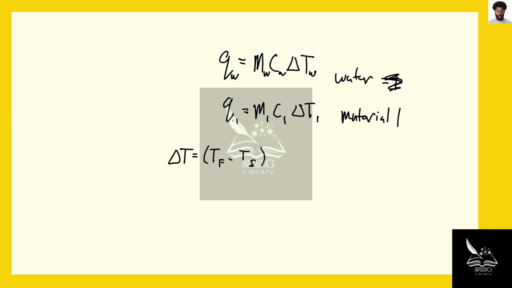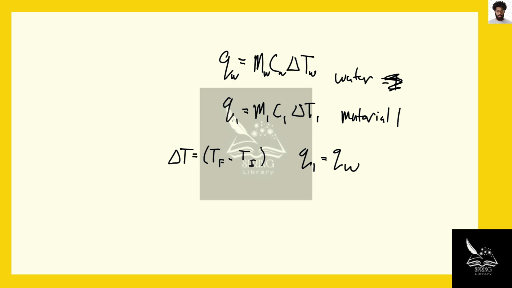There's nowhere for energy to go in our system except from water to material or from material to water. That is, we can say that Q1 is equal to QW. If our water gained heat, it was from the material. If our water lost heat, it went into the material, right? Any change in temperature that either one underwent was the result of the other, right?